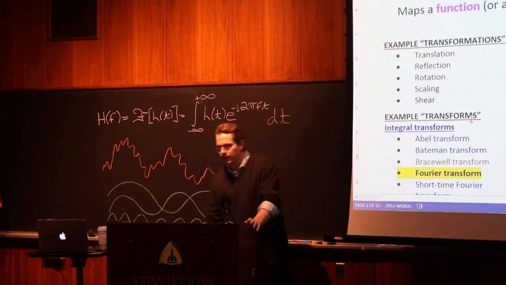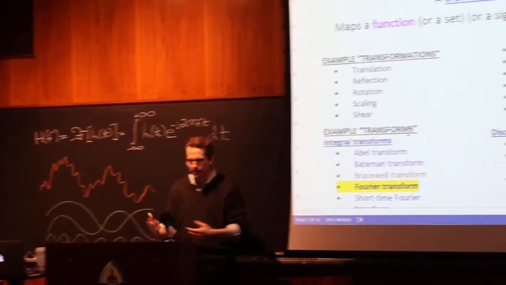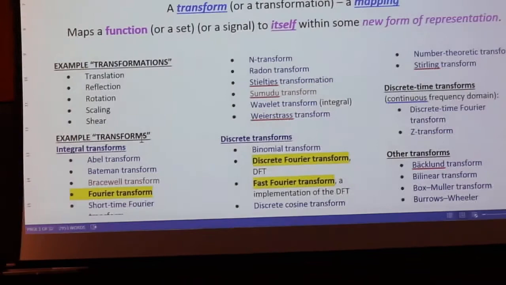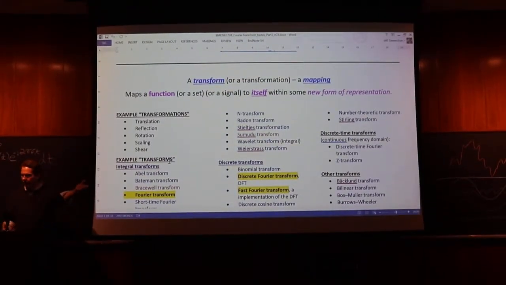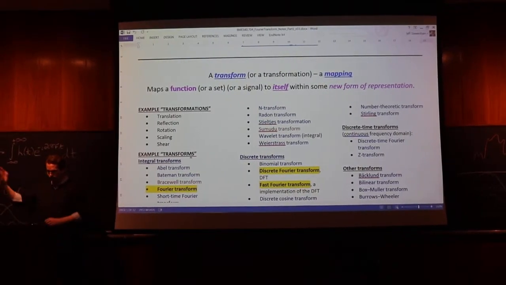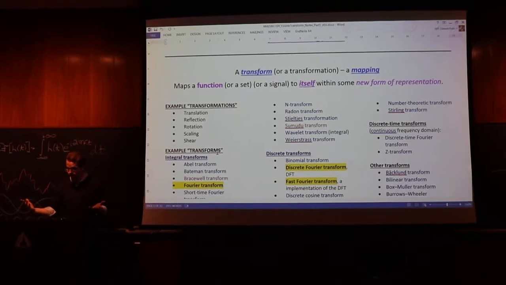So a transform, in very loose terms, is some form of mapping between some signal, it could be a sound like you're hearing now, and some other representation of that same signal, but the information between the two is equivalent. They're just represented differently.